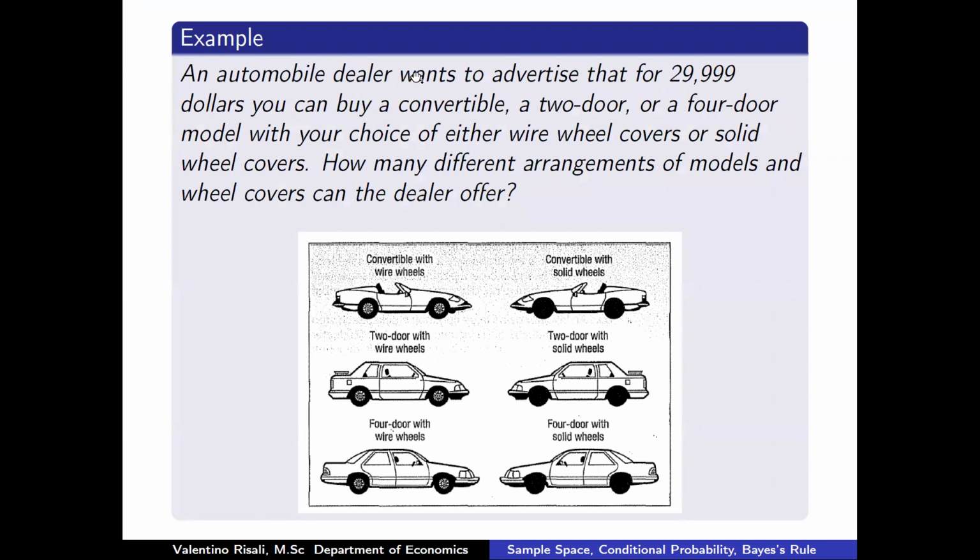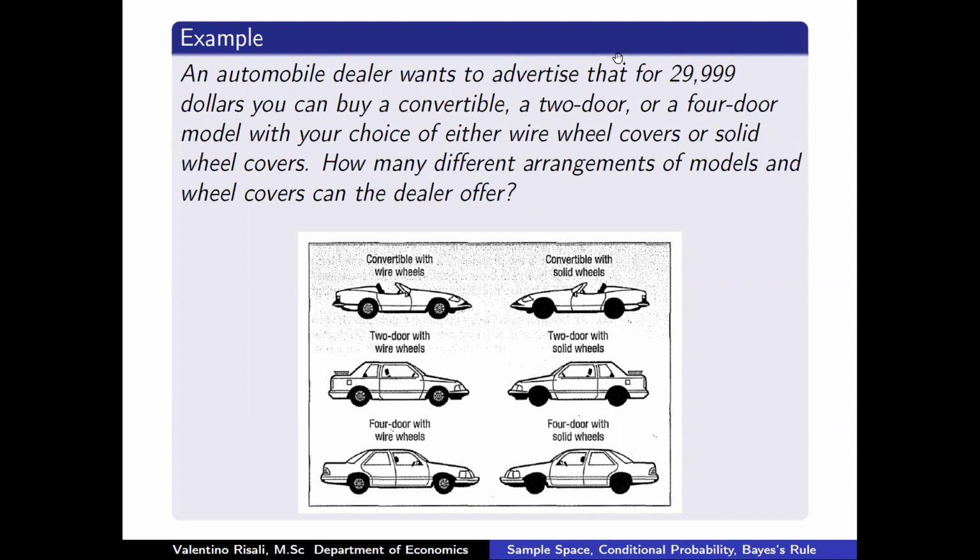An example: a dealer offers a car with 3 models of door: convertible, 2-door, and 4-door. And for the rear wheel, covers or solid. And from this combination, how many different products can be offered to the customer?